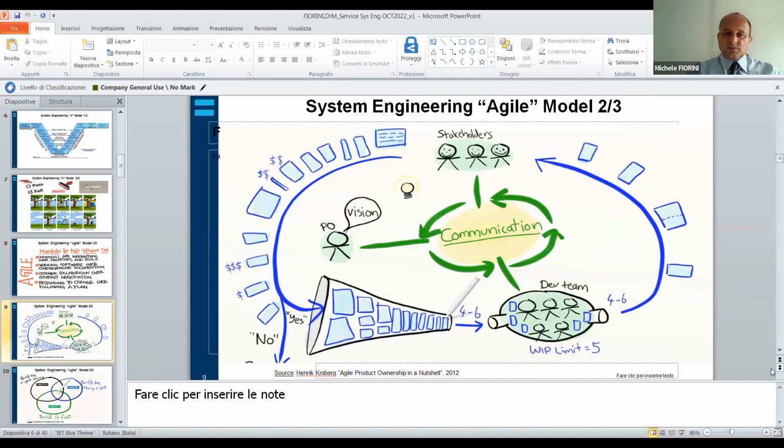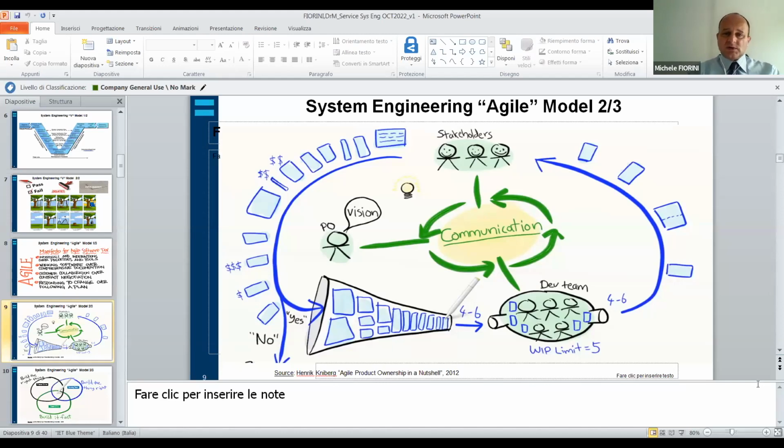The core person is the product owner, who has the vision of the overall product that is then split into single sprints. In this schema, you may assume you have 4 to 5 sprints per week, for example, in your capacity. And then the product owner has to assign which one to prioritize and which one to delay.